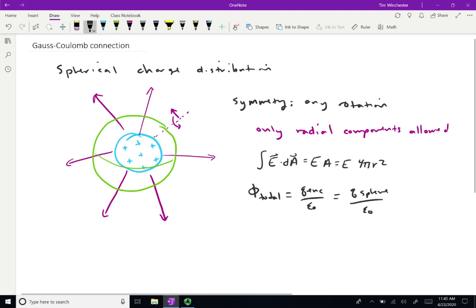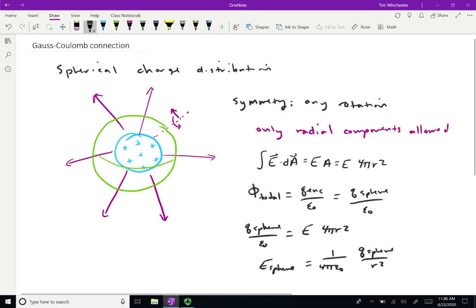So setting those two things equal to each other, the total flux, Q sphere over epsilon naught, equals E times 4 pi r squared. We get E for the spherical distribution is equal to 1 over 4 pi epsilon naught, charge of the sphere, over r squared.